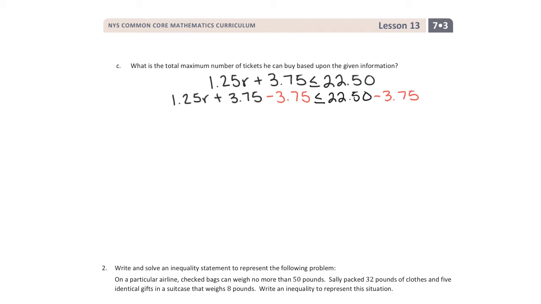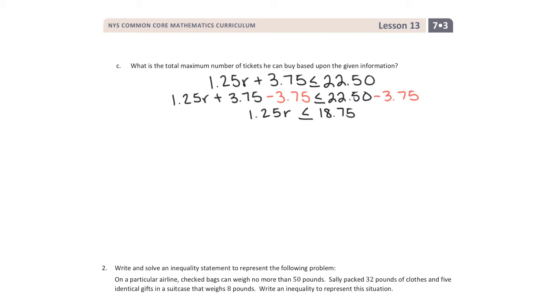Now, on the left side of our inequality, we're going to have 125R, because we know that 375 minus 375 is going to give us 0. So now we have 125R is less than or equal to 2250 minus 375. That is going to give us 1875. I now have 125R is less than or equal to 1875.